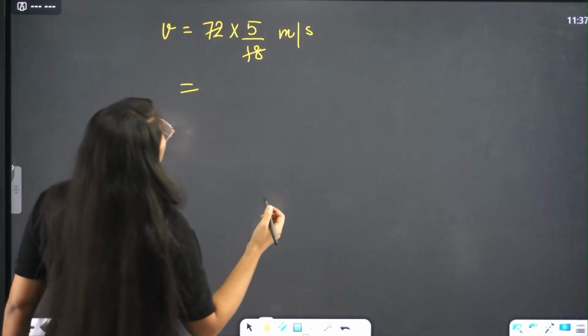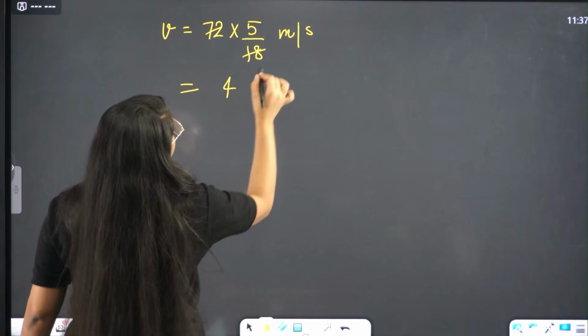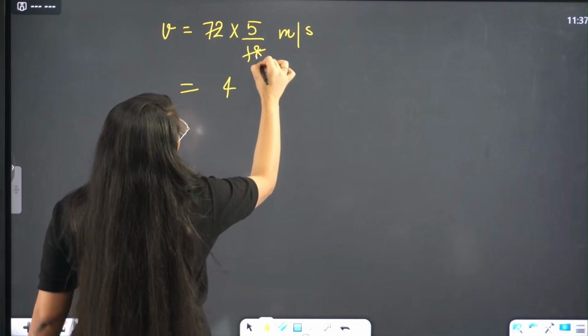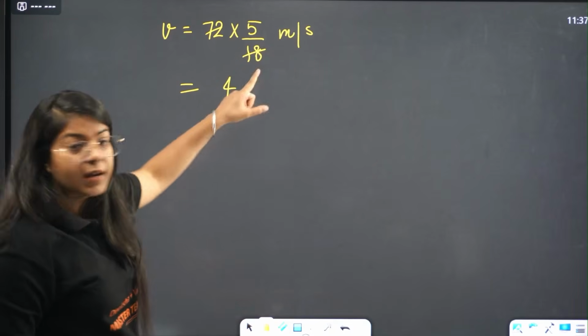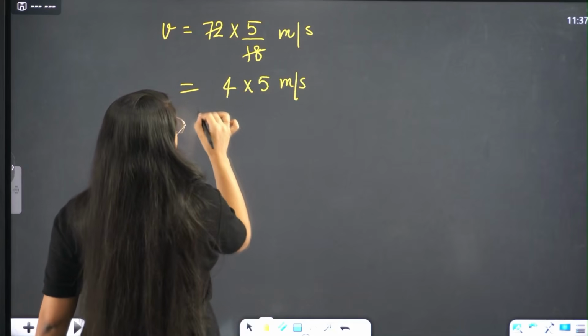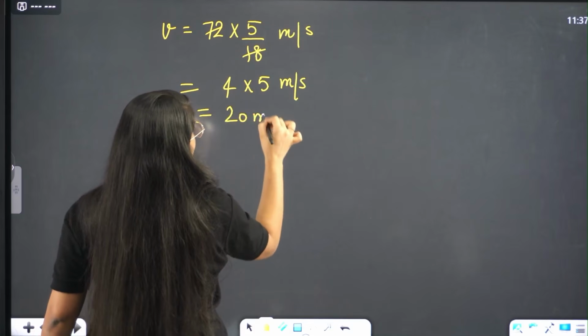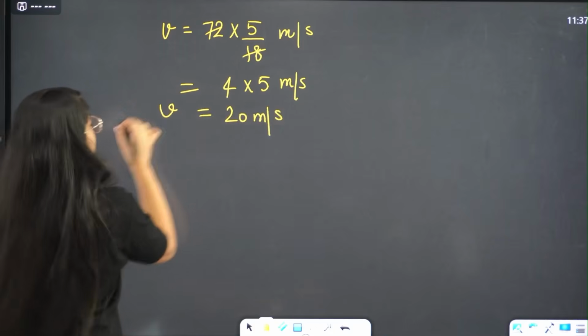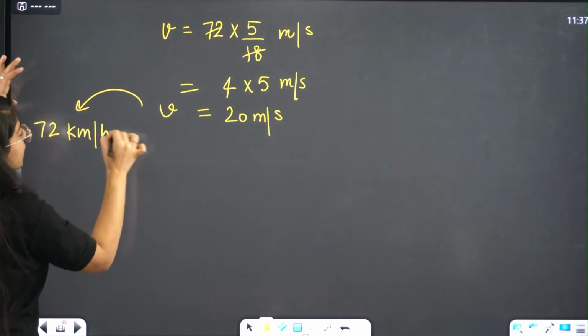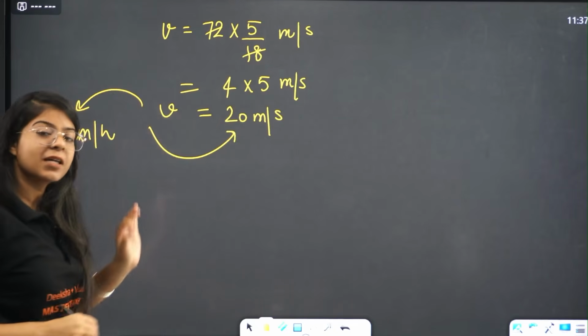I guess it goes 4 times, right? 18 4s are 72. So this is simple. 4 into 5 meter per second, and this will be 20 meters per second. So velocity which was before 72 kilometers per hour, now it is 20 meters per second.